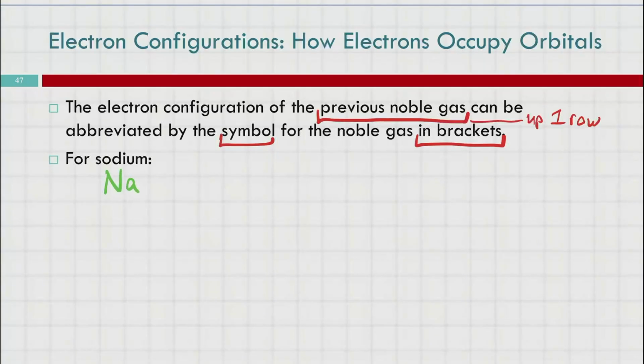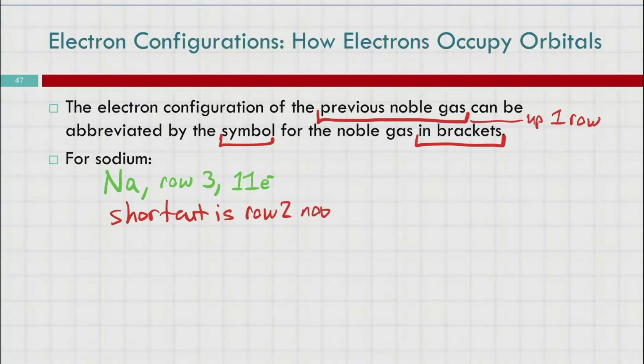Sodium is Na. It shows up in period 3, or row 3, and it has 11 electrons because it has 11 protons. So our shortcut is the row 2 noble gas.